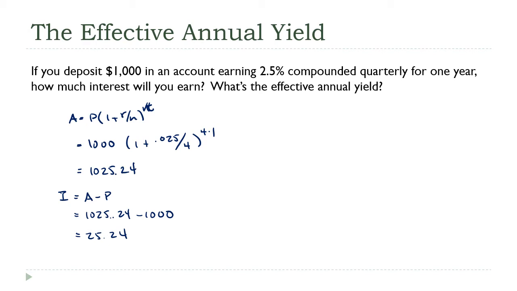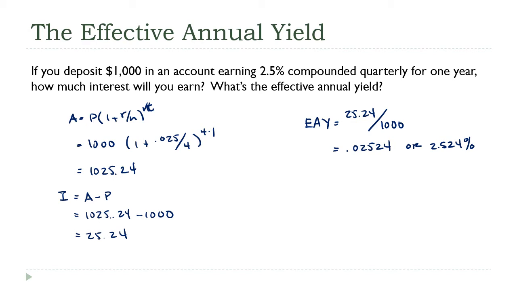So the effective annual yield is going to be 25.24 divided by 1,000, which is 0.02524, or this is the yield. It's a percentage, right? Just like we do with interest rates. So this is 2.524%.